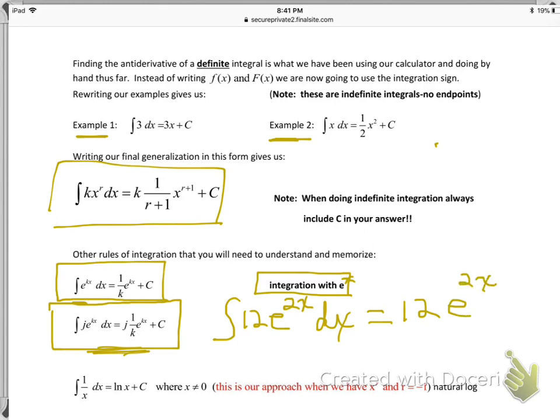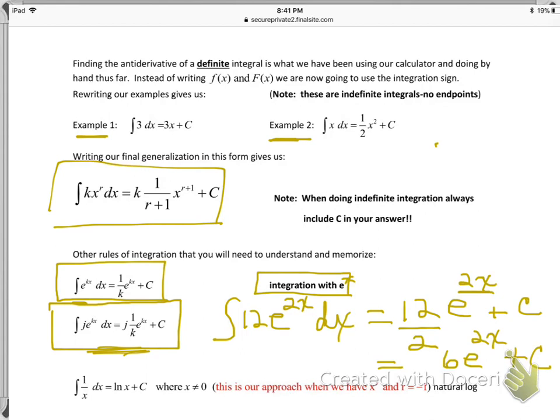You would have multiplied by 2 because that is the derivative of the exponent. But since we're doing anti-differentiation, instead of multiplying by 2, we're going to divide by 2. And then add your constant of integration. Once you reduce this fraction, your final answer is going to be 6e to the 2x plus c.